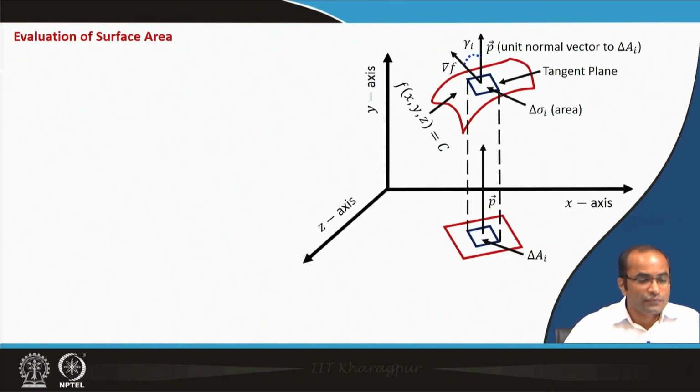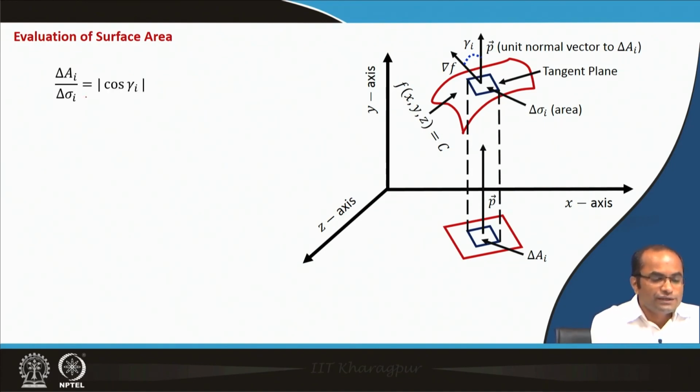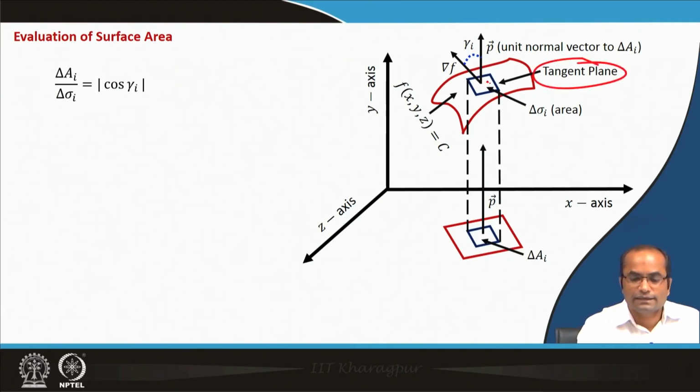For evaluating the surface area, we will just try to translate from the idea of the arc length. The same relation holds, only now the difference is that we have a surface and we have fixed a point here, and this is the tangent plane at that point.